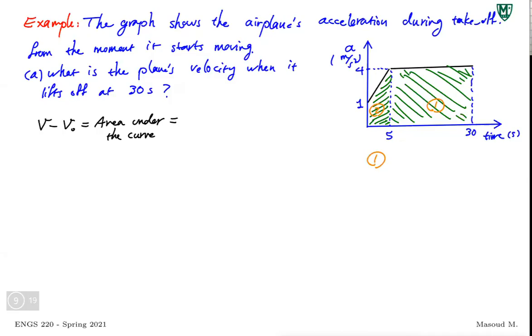It's basically just the multiplication of the sides. You know, this side is 25, 30 minus 5. So 25 times the other side, which is 4. So that would be 100.